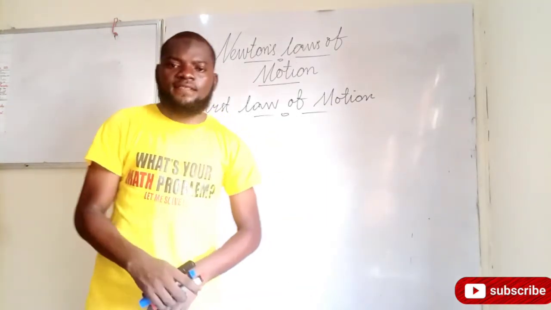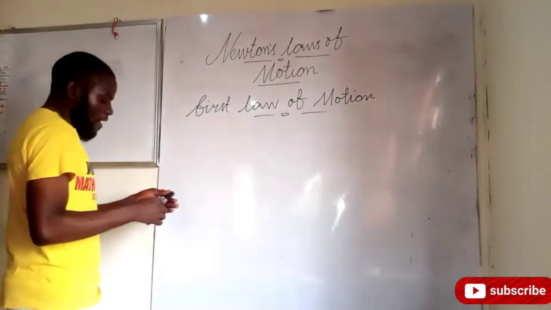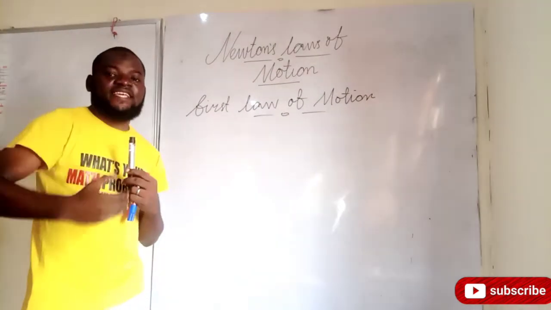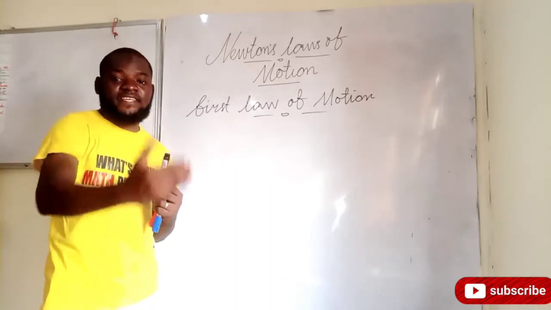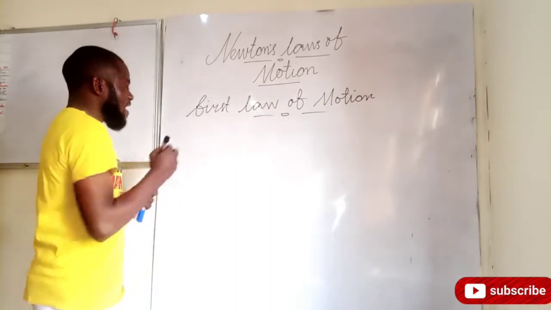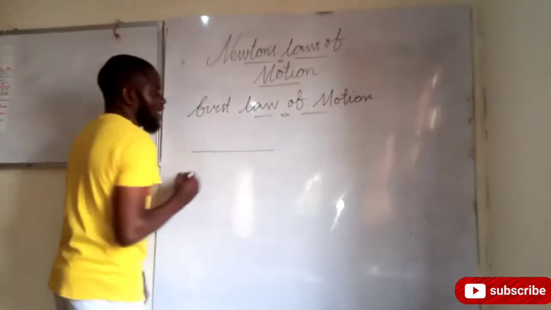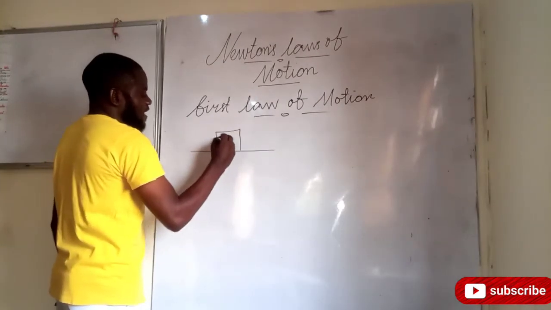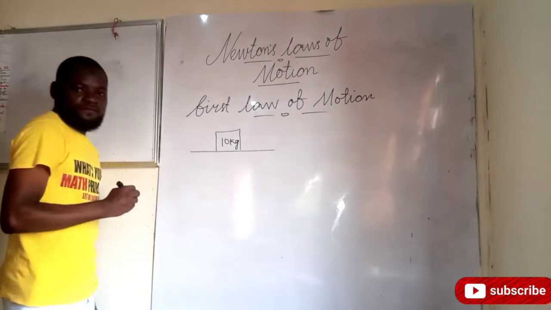Let's understand it clearly now. The first part states that an object tends to remain in its state of rest except it is acted upon by an external force. Let's take for instance that I have a platform like this, and I have an object of mass 10 kg on it.